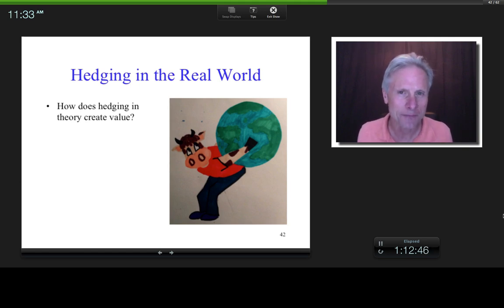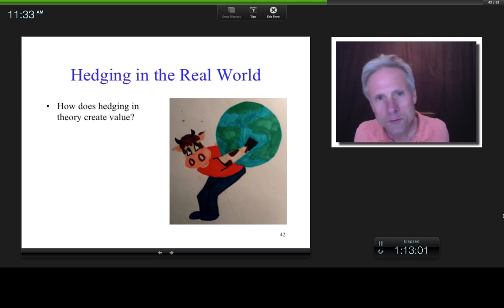But before I get to that question, first I want to make sure everybody understands why it is that hedging, this avoiding paying more than expected or less than expected, creates value in theory. Why does it create value in theory? After all, you're used to, hey, with greater risk, we require higher returns, right?